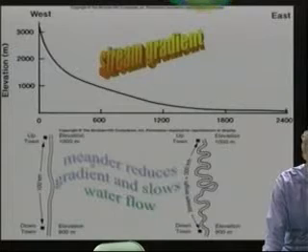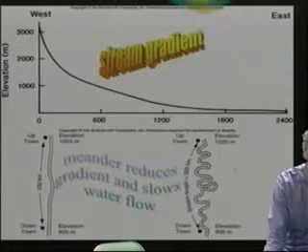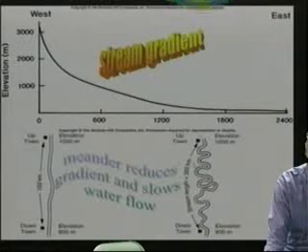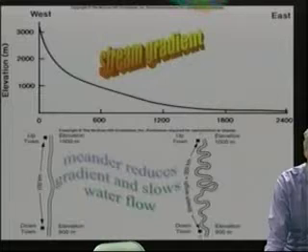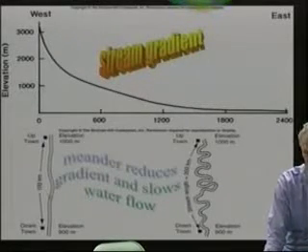Meanders, of course, then we could say reduces the gradient and slows the water flow because it's meandering over a much lower gradient back and forth rather than just going straight from one elevation to another, as this cartoon is trying to show between the right and the left-hand side of it.